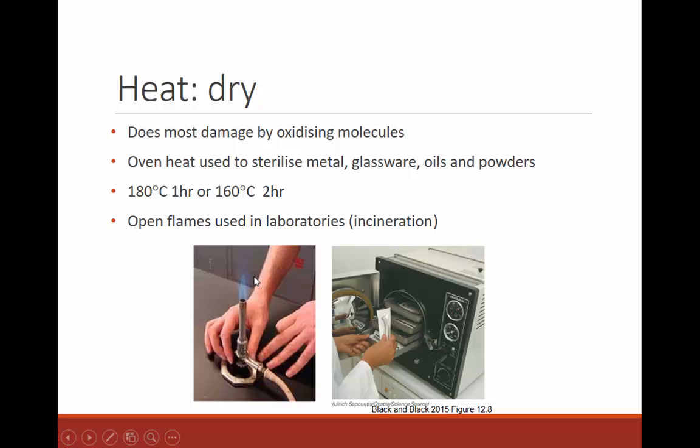Now, what is one of the problems that you could see with using a Bunsen burner? So an open flame in a laboratory. Yes, so there's workplace health and safety.